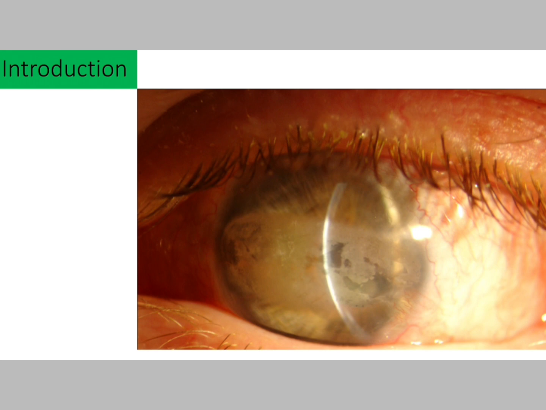Initially the band starts from the periphery, that is 3 o'clock, and then goes to the central, and in the nasal it starts from 9 o'clock and then goes to the central. So first it appears in the periphery, then in the nasal, then these two go to the central manner. Okay, so that is band-shaped keratopathy.